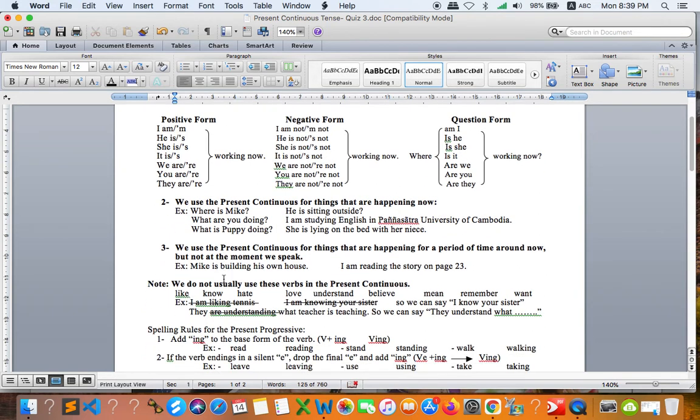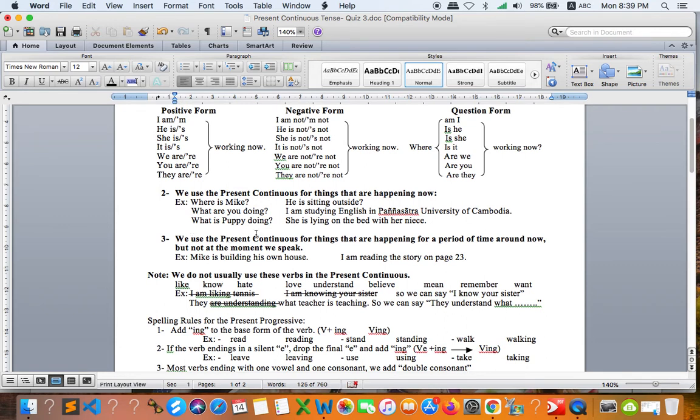Let's move on to the next. We use present continuous for things that are happening for a period of time around now, but not at the moment we speak, just like Mike is building his own house. I'm reading this story on page 23. It is a general activity because you're going to finish something within a certain time, but at the moment this action is not happening.